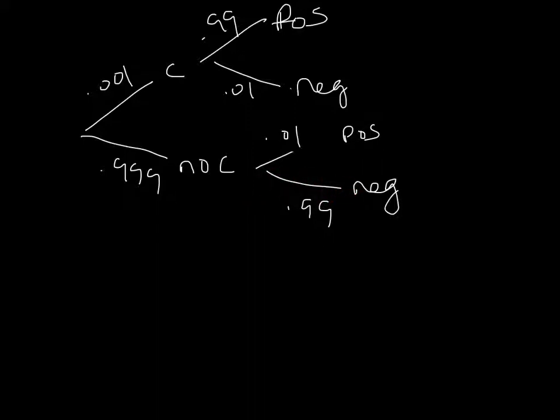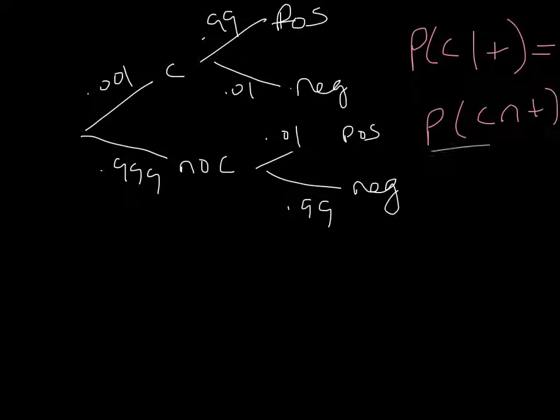So if I say to you, what's the probability that they have cancer given that they tested positive? Using our definition of conditional probability, this would be the probability that they have cancer and tested positive over the probability that they tested positive.